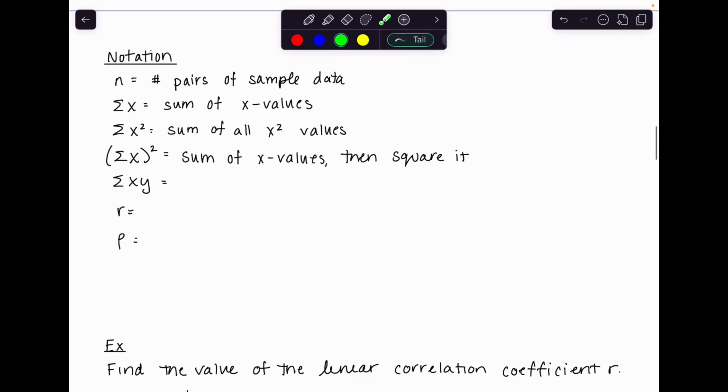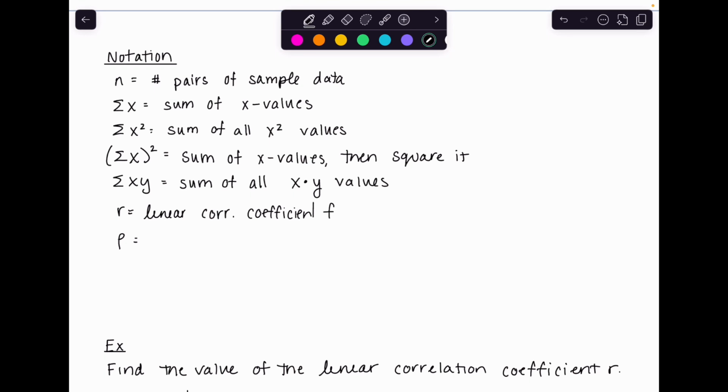And then because we're working with x and y, the other thing you're going to see is that we have to multiply these two together. So this is the sum of all x times y values. r is our linear correlation coefficient for the sample data.